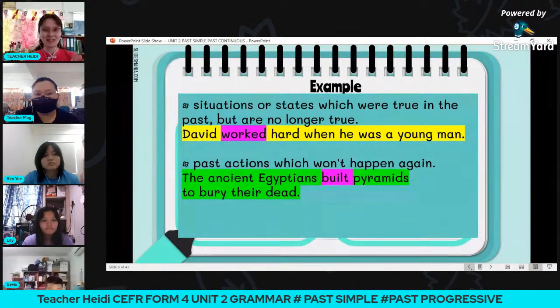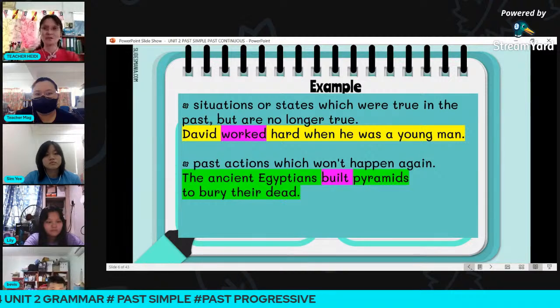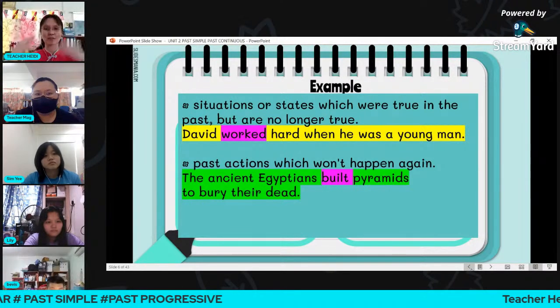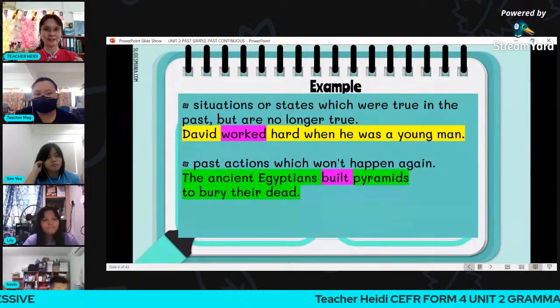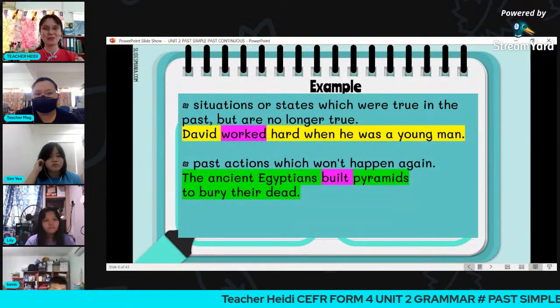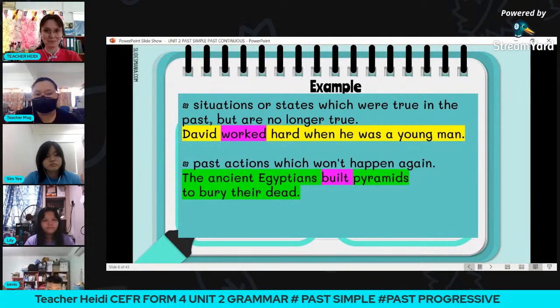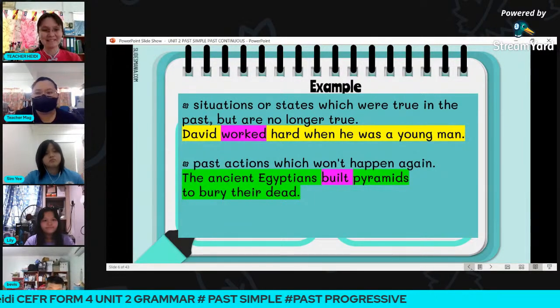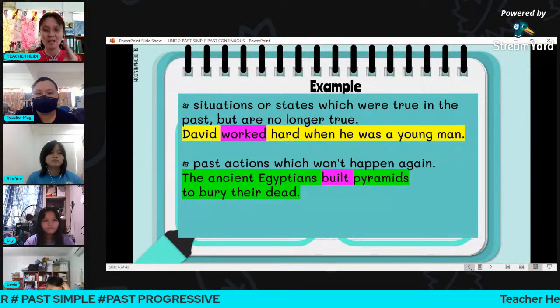Last time, the Egyptians actually built pyramids where they bury all their dead, and then they put all their possessions inside. If you watch all those mummies, you know why they built the pyramids. All right, so this is a past action which won't happen again.